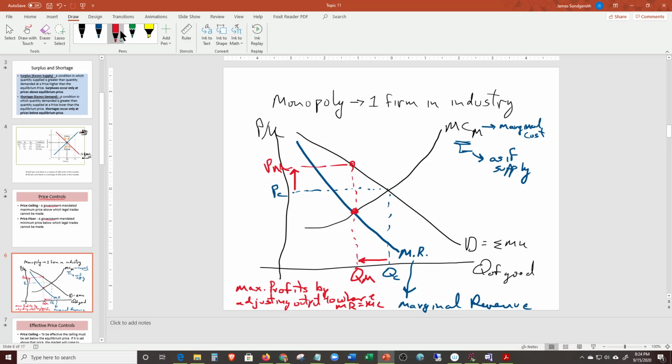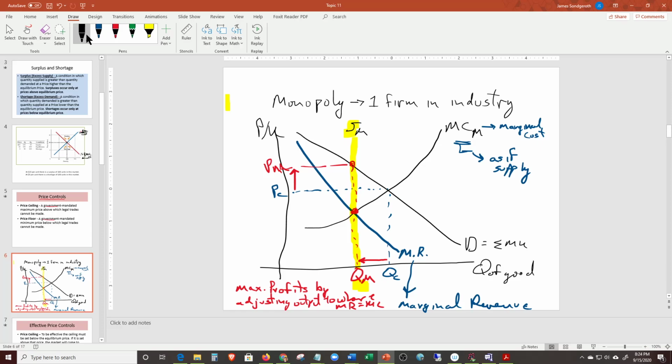Now, the reason I'm bringing this up is, and I know the textbooks don't do this, the monopolist firm decides to produce that amount, and only that amount. So in essence, this is the supply curve of the monopolist.